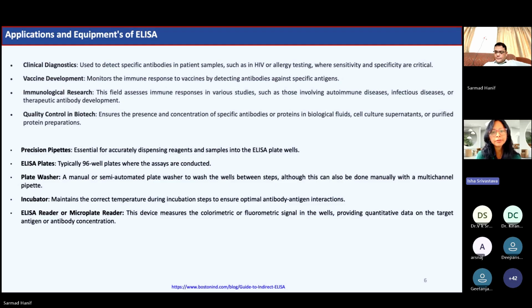And I have a query. Dr. Sharma, we faced different challenges during the last pandemic. When a new pathogen comes, what are the challenges scientists face while designing the ELISA for the detection of the new pathogen?